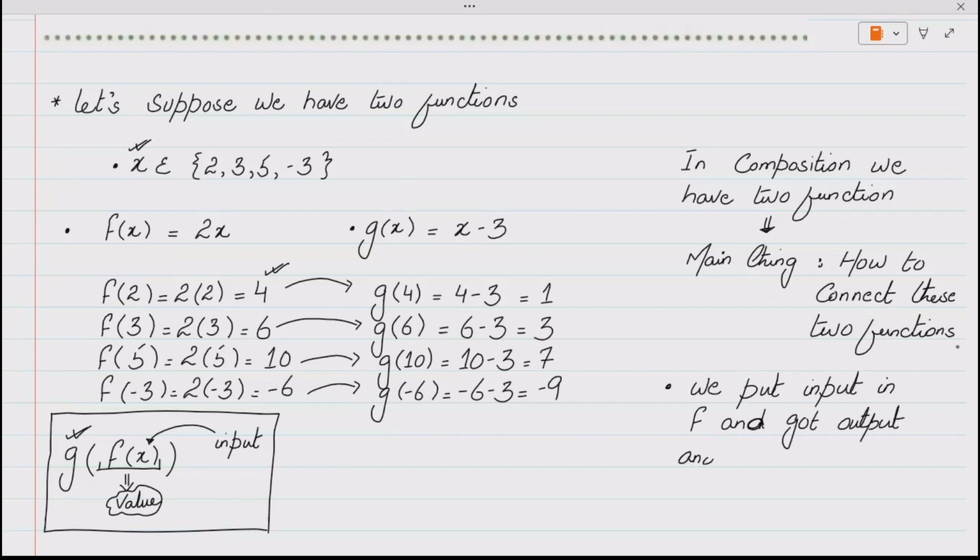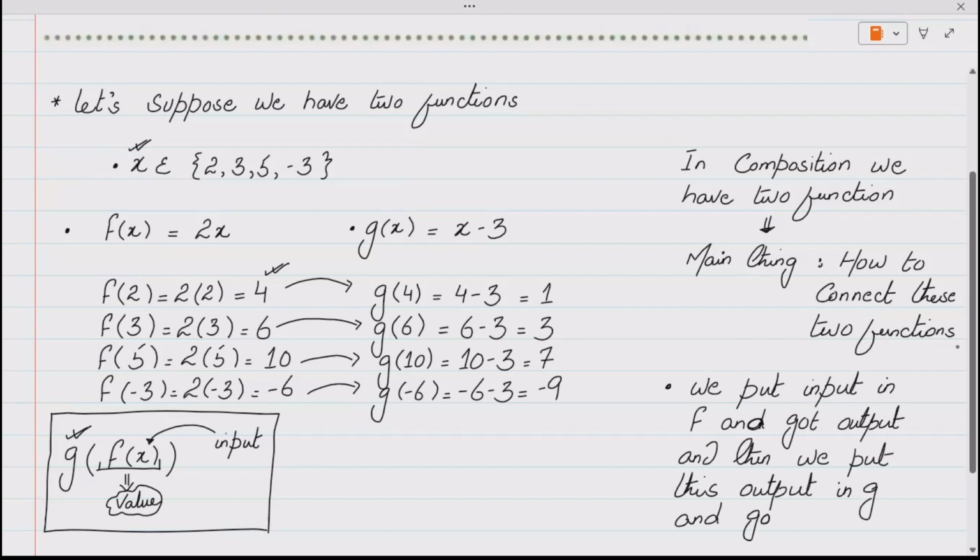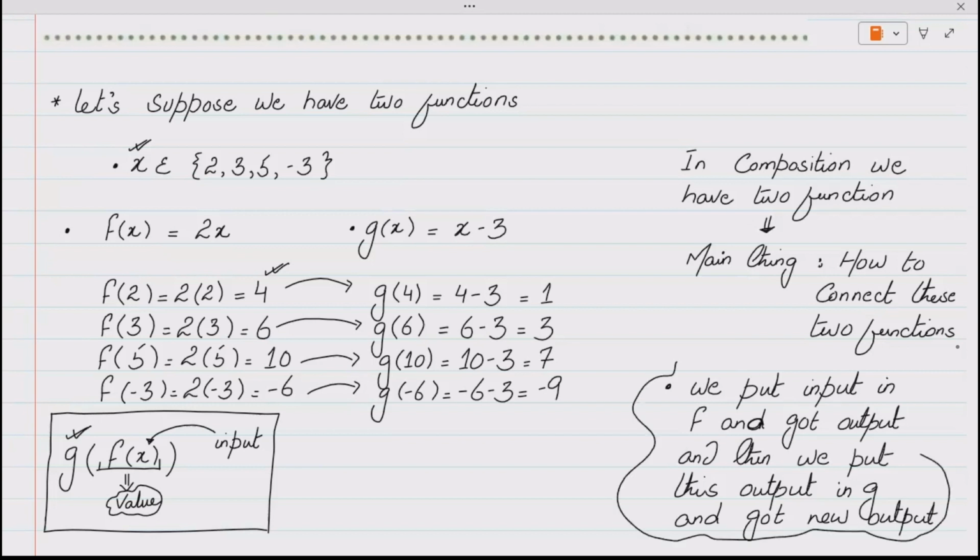And then we put this output in g and get a new output. This is the main crux of making a composition of two functions. So this is the concept of composition.